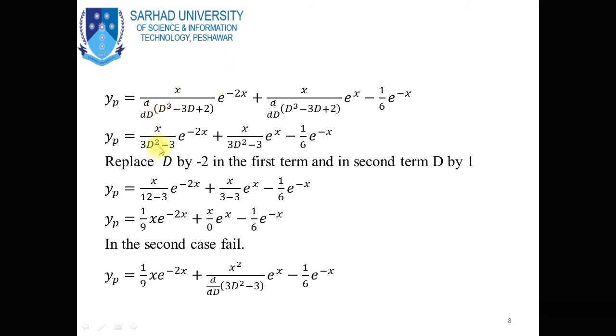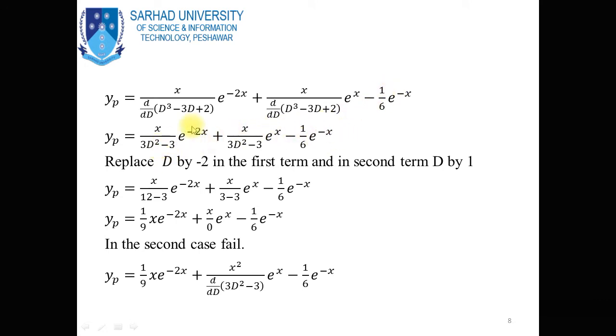So x divided by 3D square minus 3 into e power minus 2x. And now taking the derivative 3D square minus 3 and writing x here, into e power x, minus 1 over 6 e power minus x.